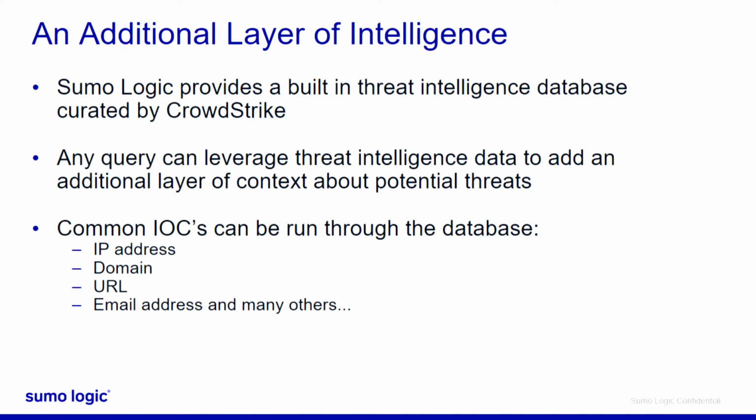Any of the queries you saw today that include things like IP addresses, domains, and users, we can bounce those fields against the threat intelligence database and get all the information that database adds inside our query. We can learn whether a particular IP is associated with a known threat or malware, and see what confidence CrowdStrike has assigned. That adds an additional layer of intelligence so we can be confident that we actually have an issue.